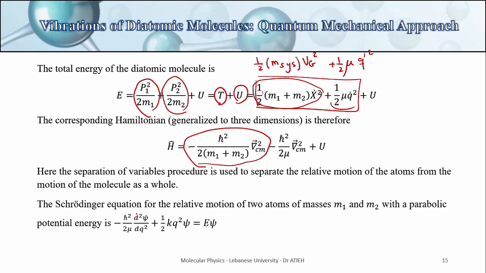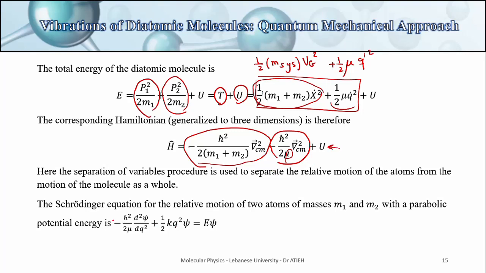This represents the kinetic energy of translation of the center of mass. And the second one is due to the oscillation motion around the center of mass. So you can see there is mu, so as if we have a single particle of mass mu. Plus U is the potential energy.